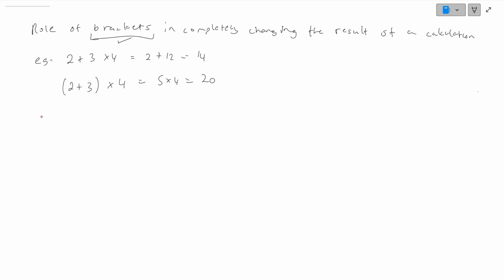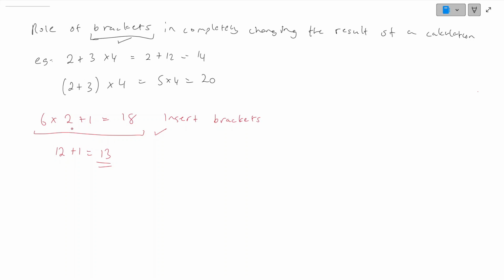Now, suppose you're given this: 6 times 2 plus 1 equals 18, and you're told to insert brackets so that this statement is mathematically correct. The usual thing you do here is the multiplication first and then the addition. So 6 times 2 is 12, then you add 1, which gives you 13, which is not what we want. We want 18. So obviously the multiplication should not be the first thing you do.